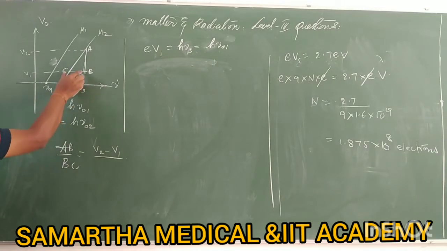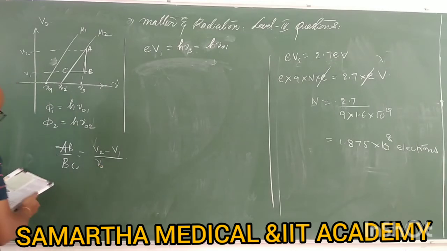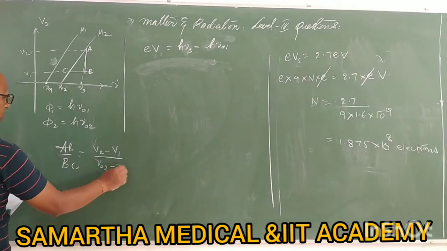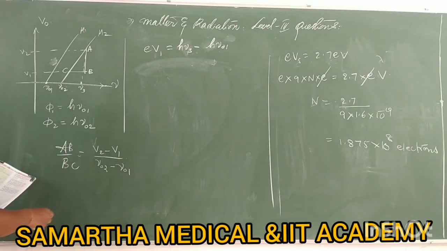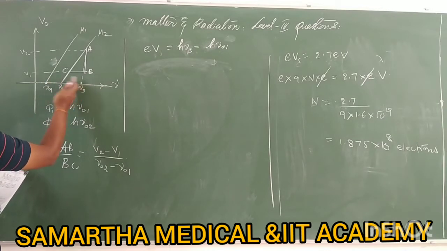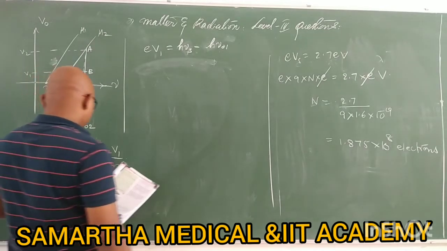Base is actually the difference between two frequencies, nu naught 2 minus nu naught 1. Is it right? This is the difference, nu naught 2 minus nu naught 1.